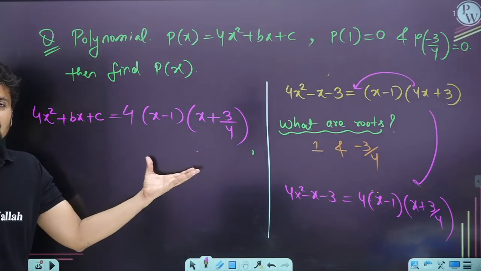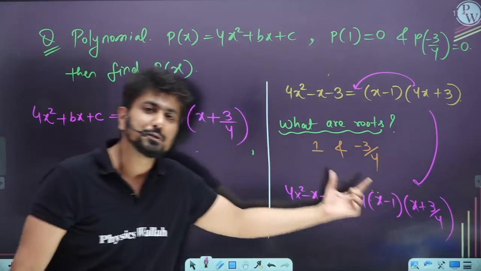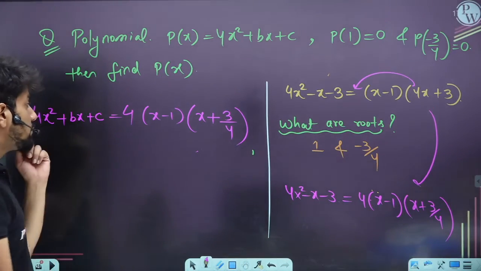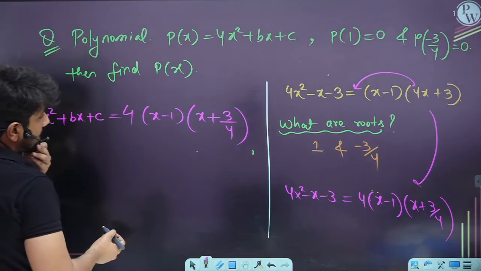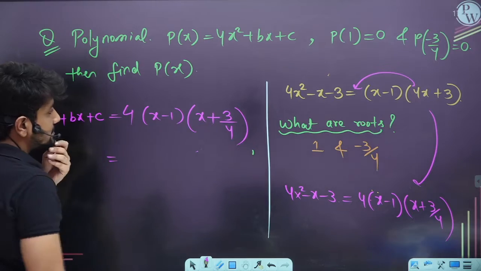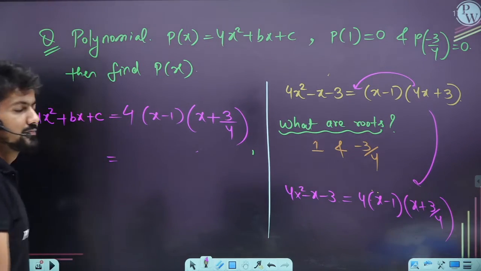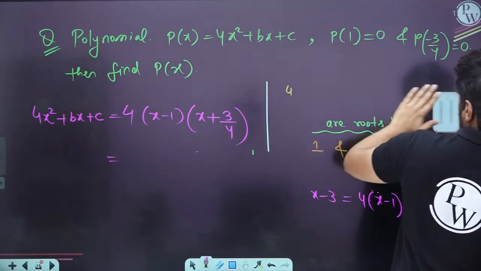Have we written the same thing? Yes, these are the same. So 4 times x minus 1 multiplied by x plus 3 by 4 is our expression. This is the value we are looking for. I hope it is clear to all of you.